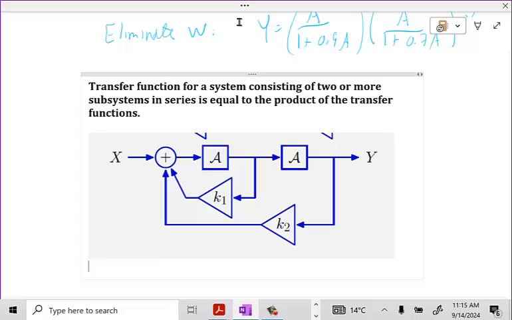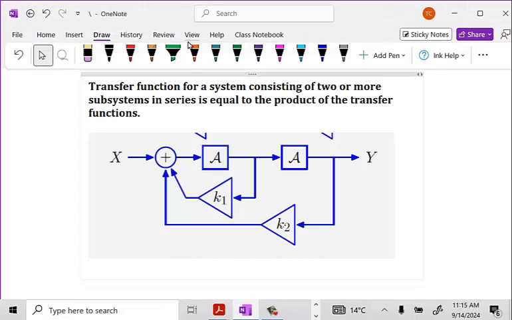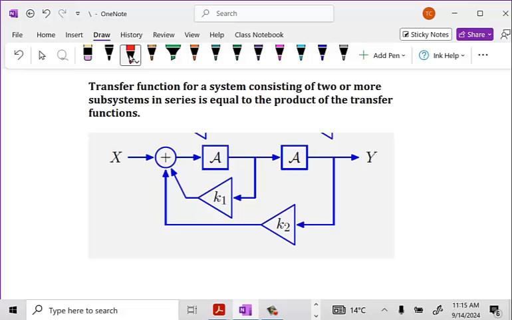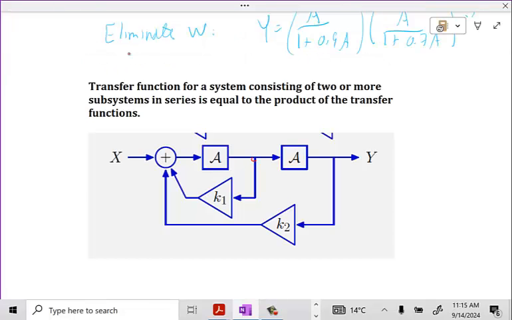Okay, so let's use a similar strategy. I'll start out with my red again, just like I did before. First I want to label the nodes with branches. I've got one here, that's my W. And then I've got one here, which is my Y. Okay, that's step one. Step two is label the outputs of system components based on immediate inputs.